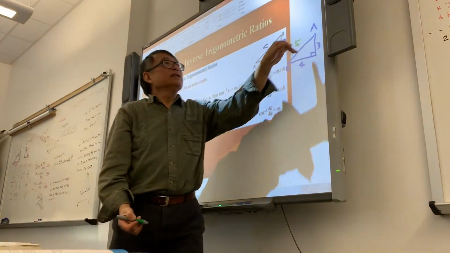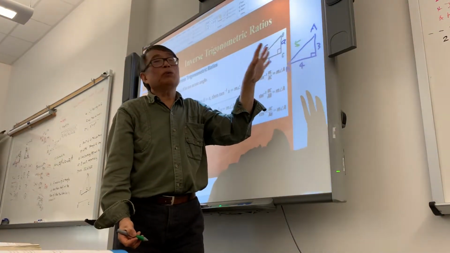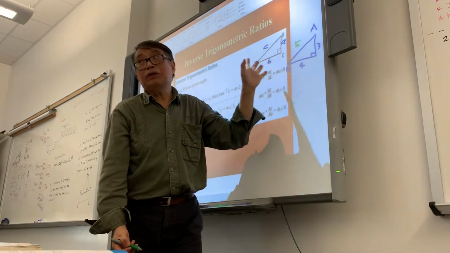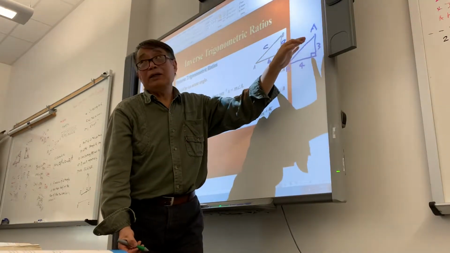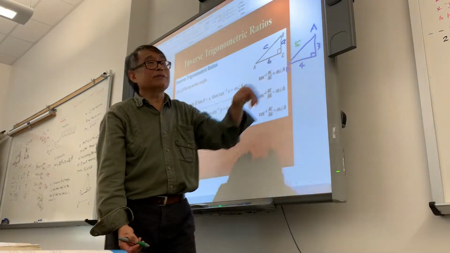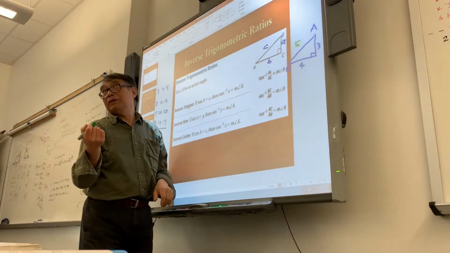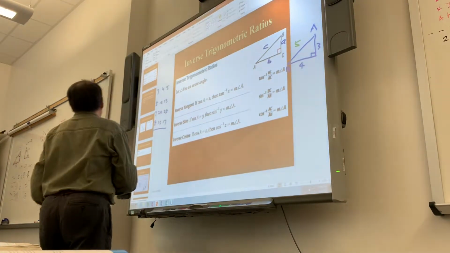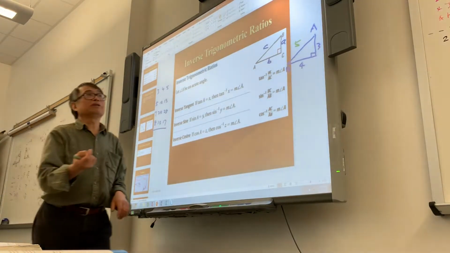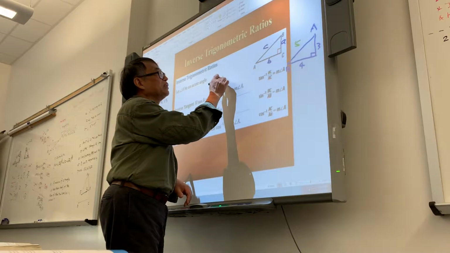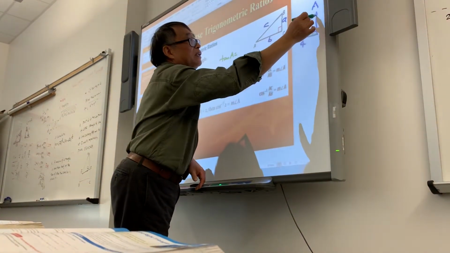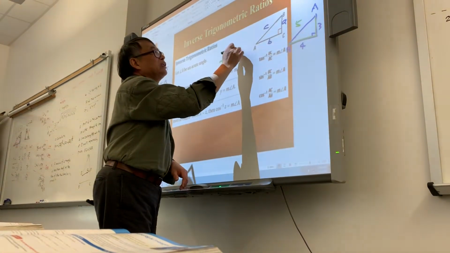But for angle A, we know 3 and 4. Those 2 are 2 legs. So for angle A, the ratio made by 2 legs, we need to use what? 2 legs, no hypotenuse. So we need a tangent. So you can see tangent A equals its opposite over adjacent.